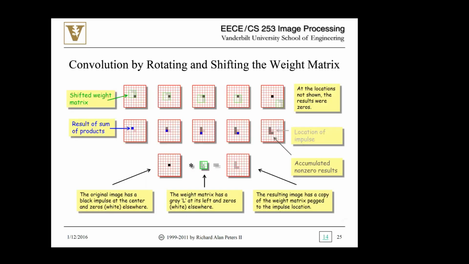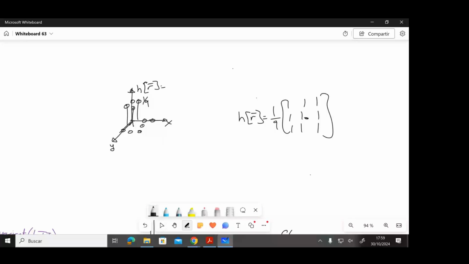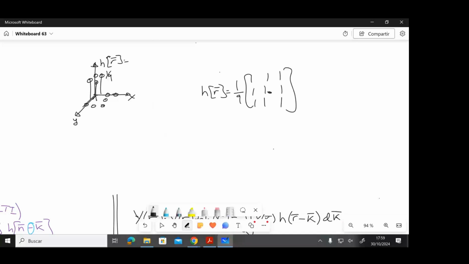Okay, so now you know a property of convolution. You know that one of the properties of convolution is that if I convolve delta R times the kernel, I should get a kernel. If the delta is shifted, I should get a shifted kernel.